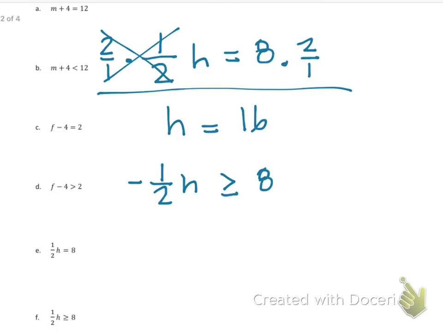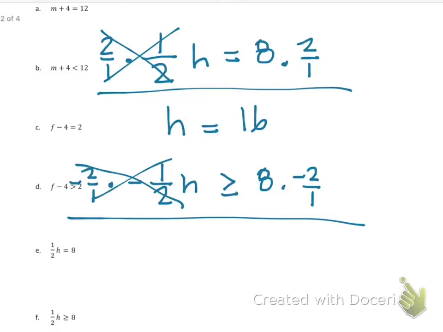I'm going to get rid of the 1/2 by multiplying by the reciprocal. Only this time, I'm multiplying by the reciprocal of negative 1/2, which is negative 2 over 1. Whatever I do to one side, I have to do to the other side. And we don't do these yet because you don't know how to multiply by negatives. But this is what happens.